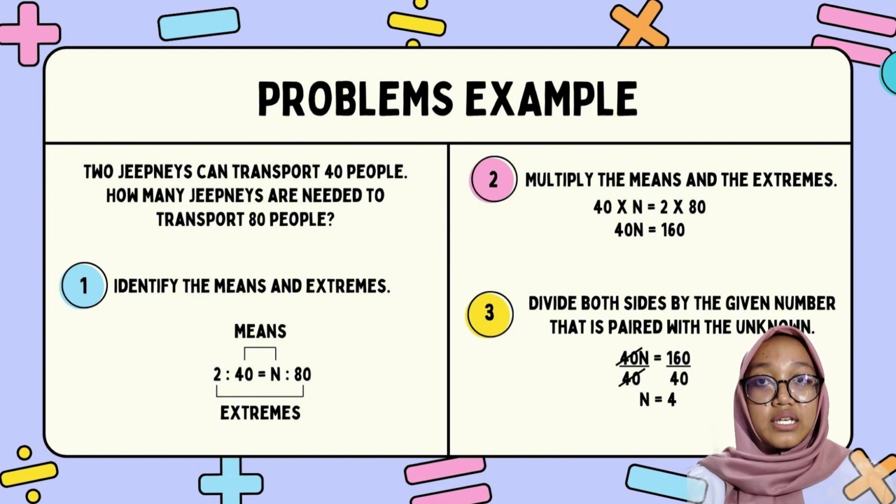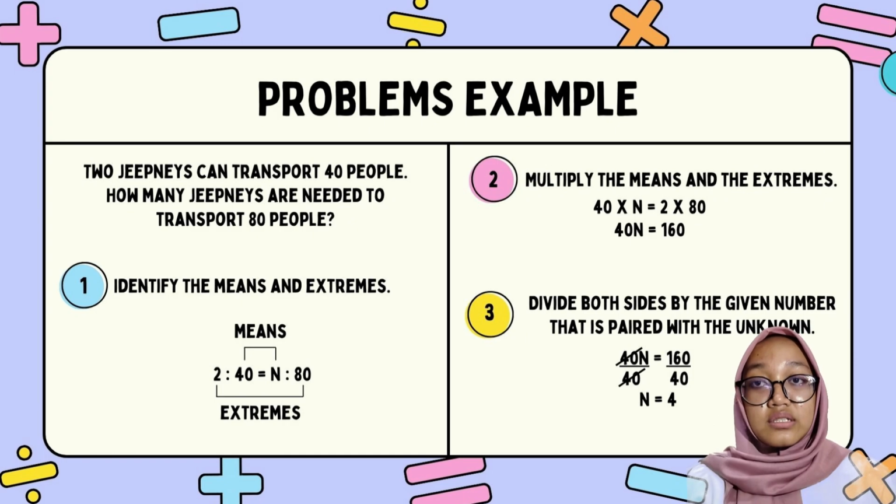On the right side, we multiply the extremes, which are 2 and 80, so we get 2 times 80. And then we operate and have the result: 40 times n is 40n equals 2 times 80, which is 160.